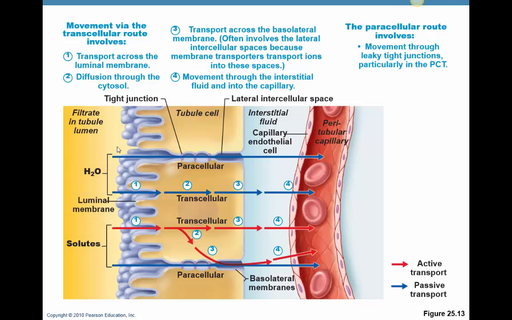And when we look at that movement, there are sodium-potassium pumps all along this basolateral membrane to actively transport sodium. So think of the processes we've talked about before, and that is active transport via ATP using the sodium-potassium pump occurring here at the basolateral membrane. So we're constantly pumping sodium out of the cell into the interstitial fluid.